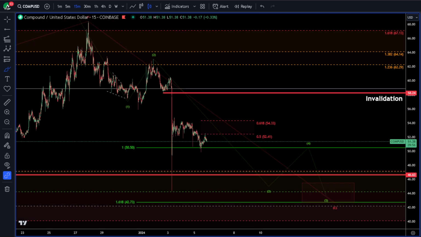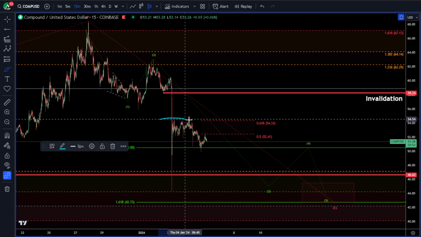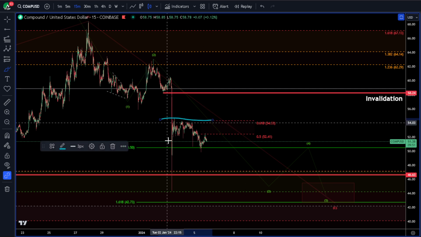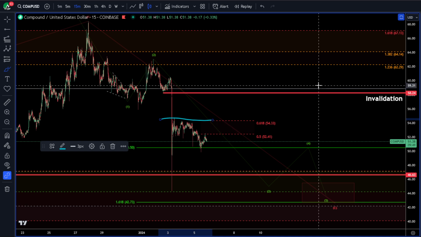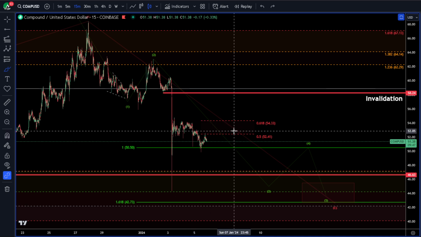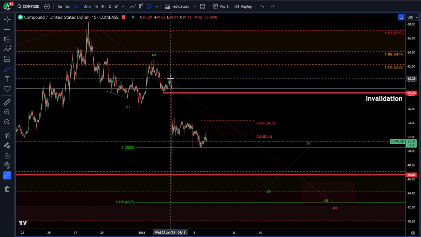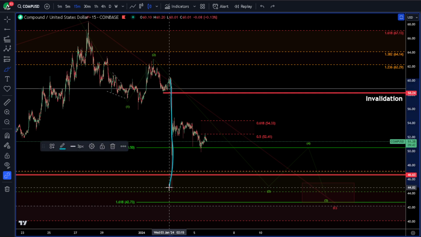And if we go to linear, usually we take the 618 retracement of this wave, which is right here, as invalidation, or at least switching probabilities to the upside. But I'm giving a little more leeway just because of this liquidation here.